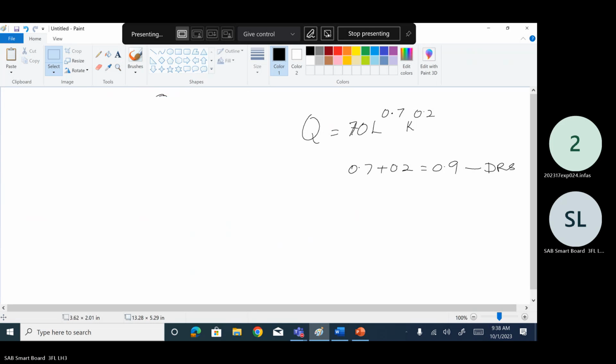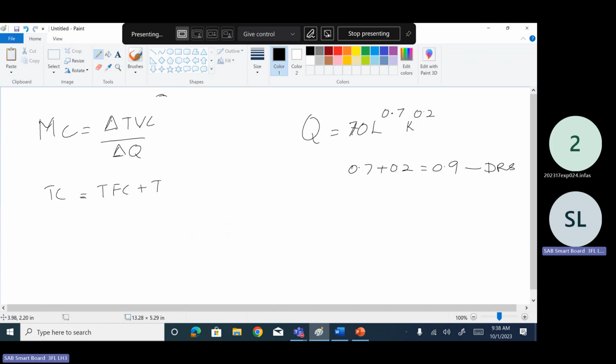Right now, marginal cost is delta TVC divided by delta Q. Total cost means total fixed cost plus total variable cost.